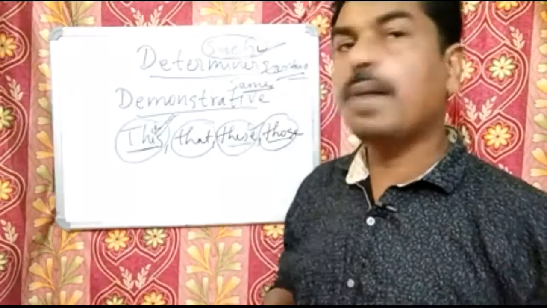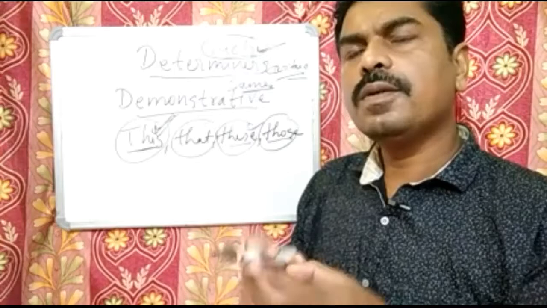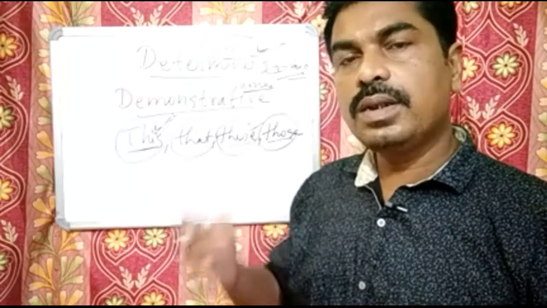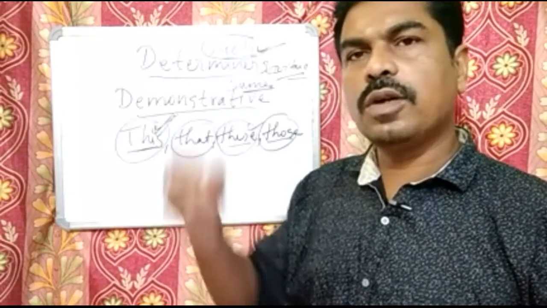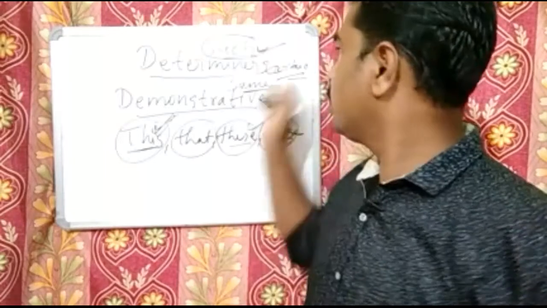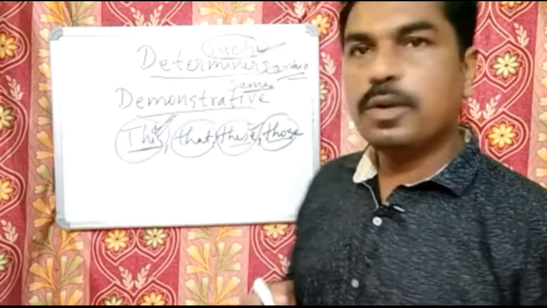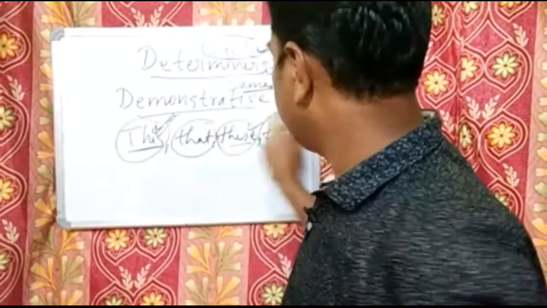Certain things are bound to happen. Here also, I'm pointing towards a particular group of things. Certain things are bound to happen. Certain people should not be trusted. So there I can use certain. So all this comes under the category of demonstrative determiners. I hope this part is clear.